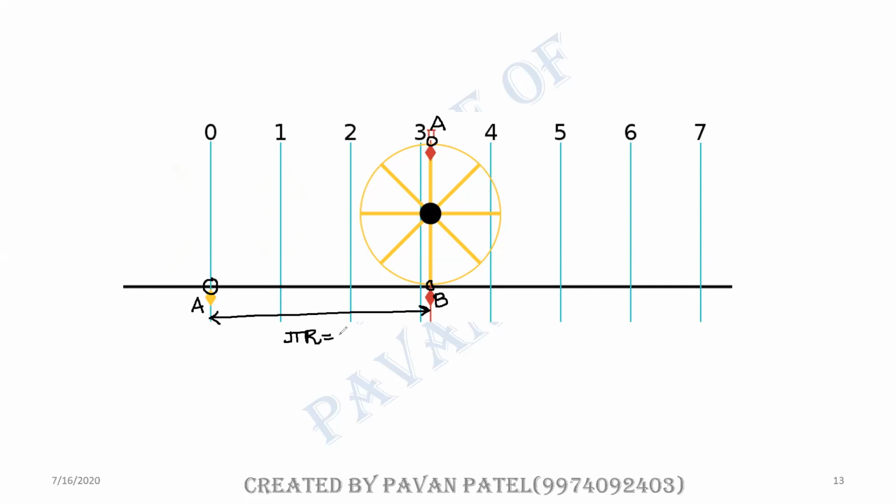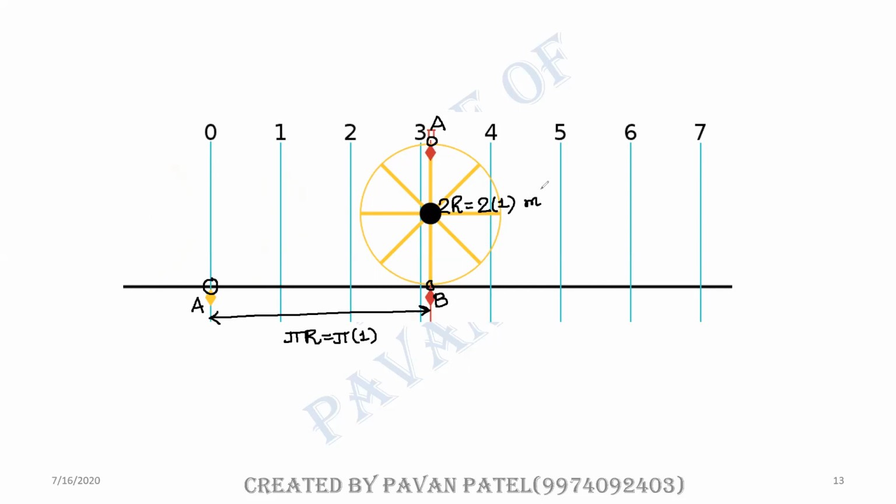R is 1 meter, so it is pi into 1 meter. So the AB distance is pi meters, and of course BA' distance is 2r, and 2r is 2 into 1 meter because r is 1 meter.